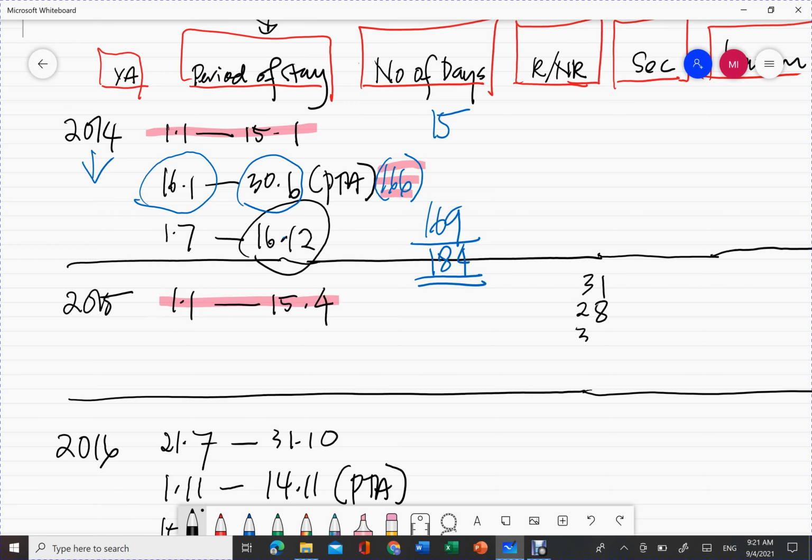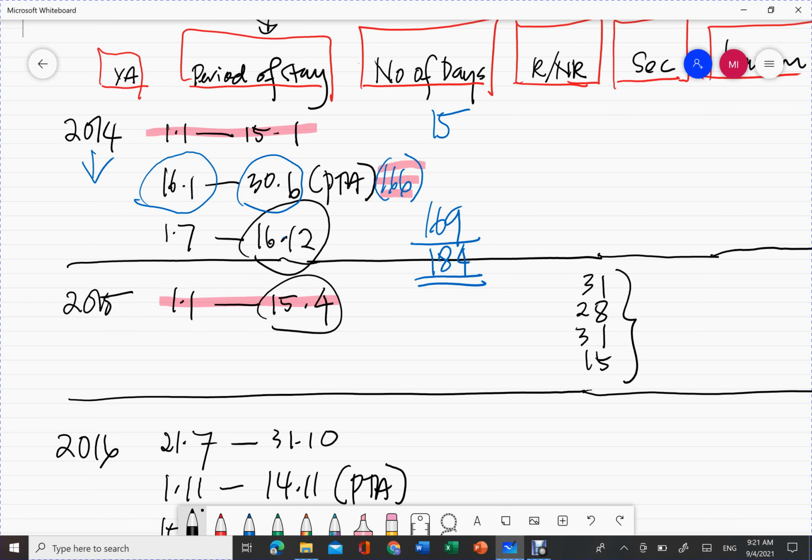Lepas tu March 31 days. April dia duduk sampai 15, so 15 hari. Campurnya awak akan dapat 31 plus 28 plus 31 plus 15, okay, so you're going to get 105 hari untuk tahun 2015. Okay, you're going to do this first.